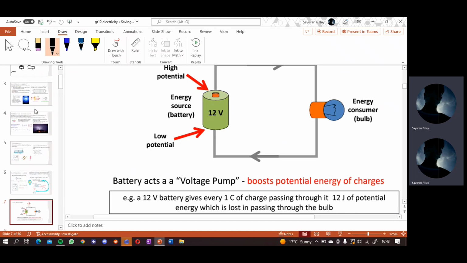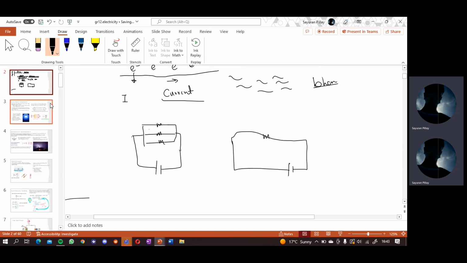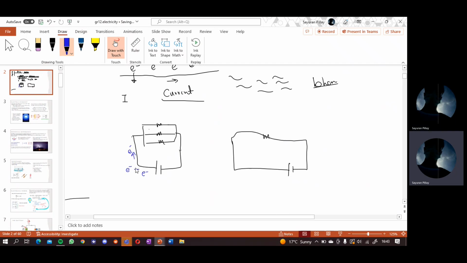So let's go back to our drawing. This is the positive, that's the negative, so charge will move in this direction. These electrons are moving in this direction. Now, when it comes here, it gets split up in 3 different directions.